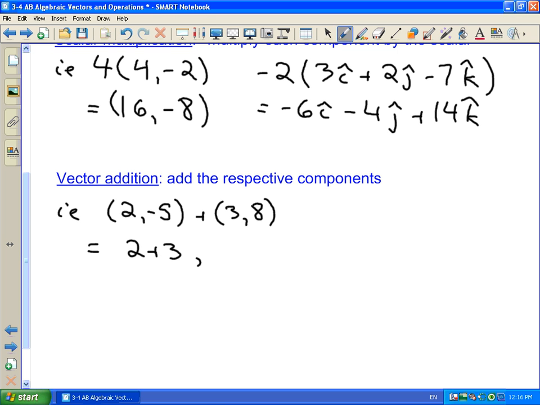That's going to give us our new x component. And then we add our two y components together, and that's going to give us our new y component. So our new vector here is 5, 3, and we're done. Okay? Much simpler than drawing these things out and trying to find all of the angles.